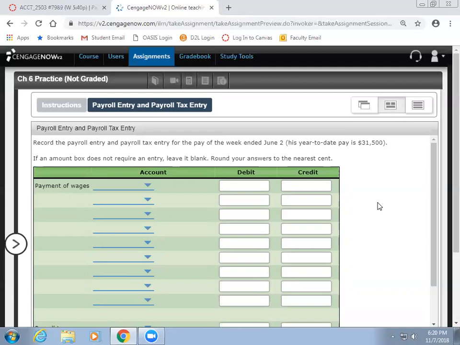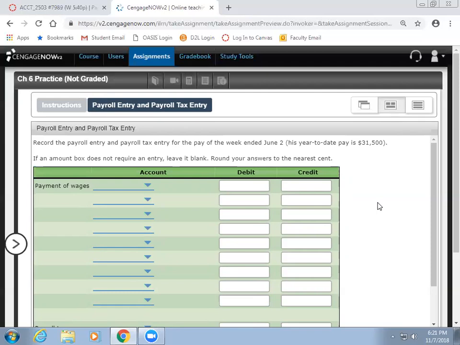We also know that his Medicare is all subject to that, okay? But when we get to unemployment, we can see that in this paycheck, he's not going to contribute anything to unemployment because he's already met those wage limits. Okay, so we can really just disregard the unemployment.